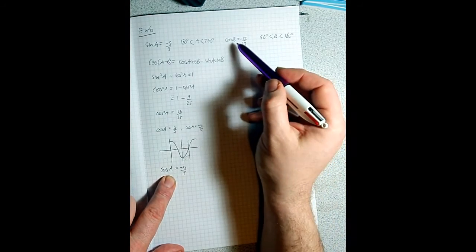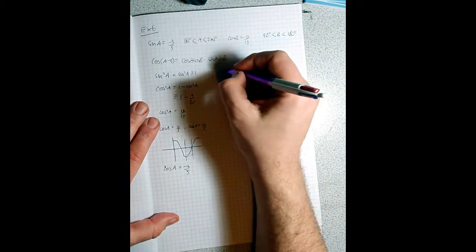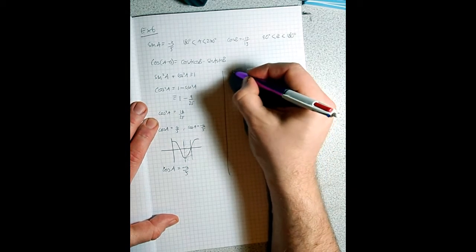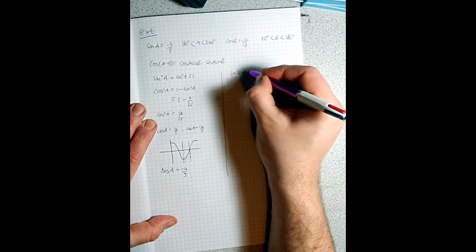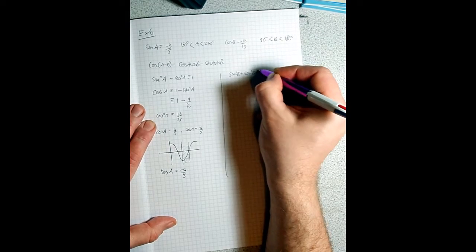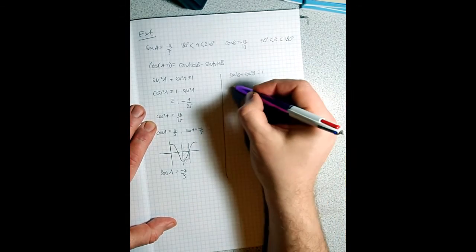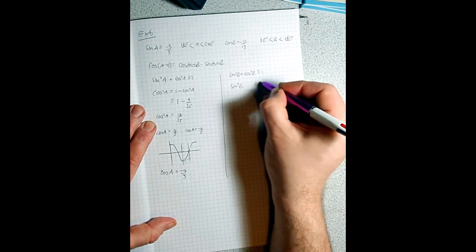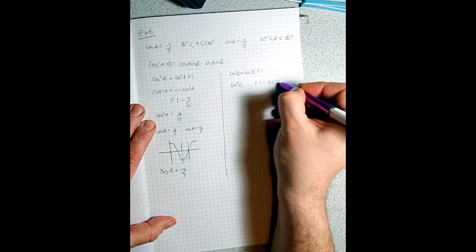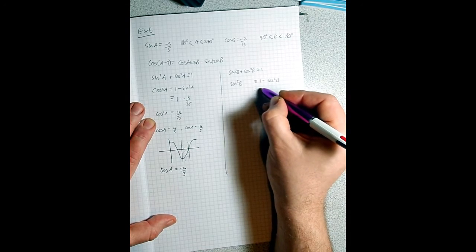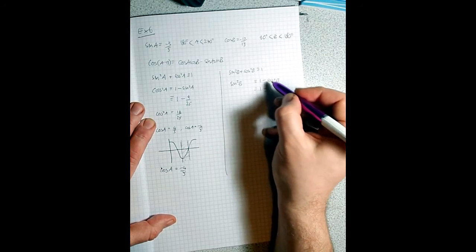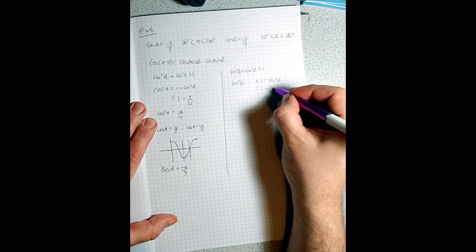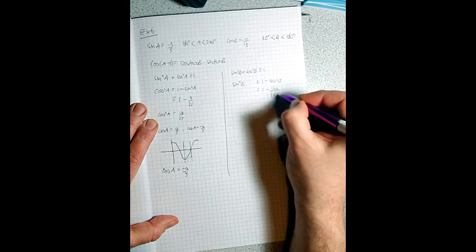And do the same process to find sine B. Sine squared B plus cos squared B is equal to 1. So sine squared B is 1 minus cos squared B, which is 1 minus the square of 12/13, 144 over 169.